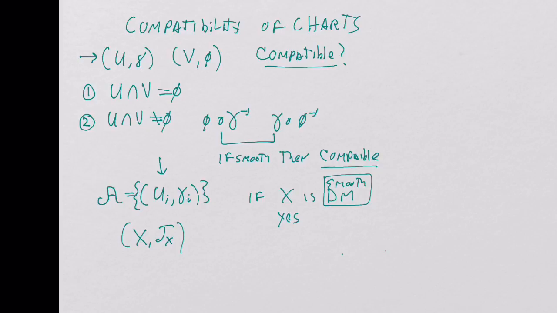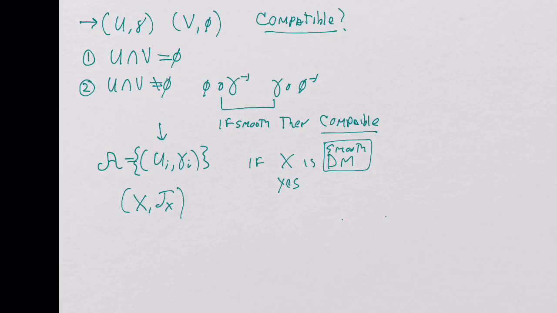But let's talk about another issue. What if I have another atlas? What if I have an atlas B, and I'll try to draw a fancy B here, and it has its own charts.